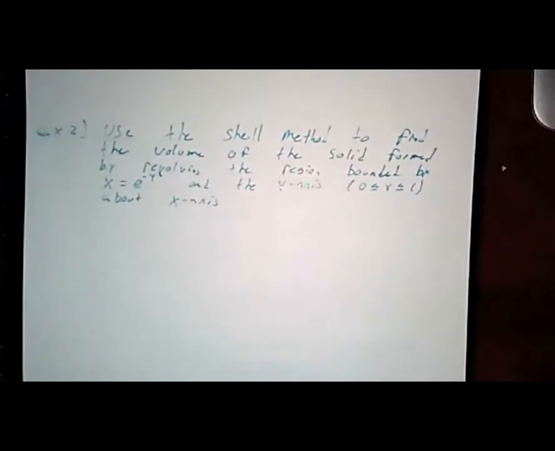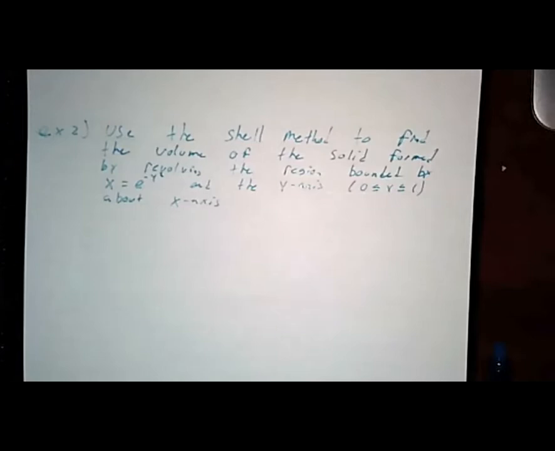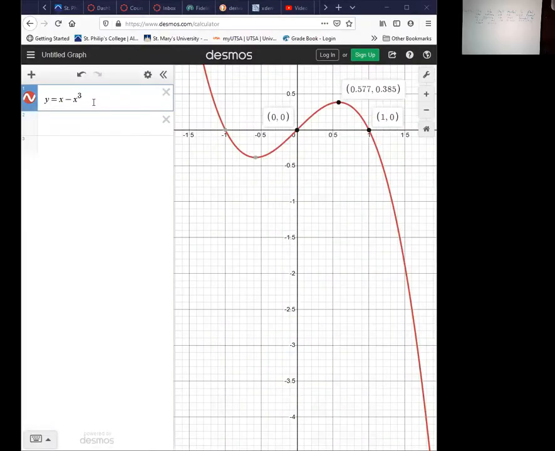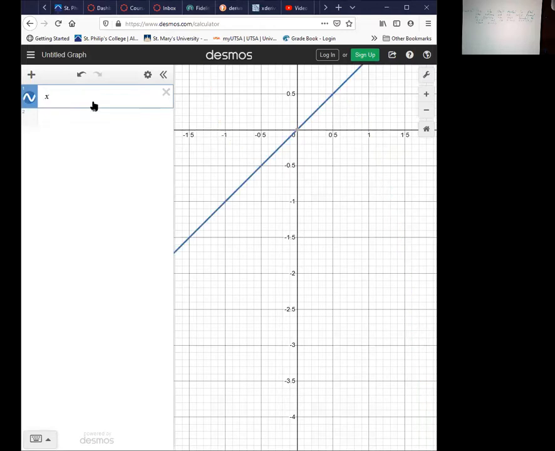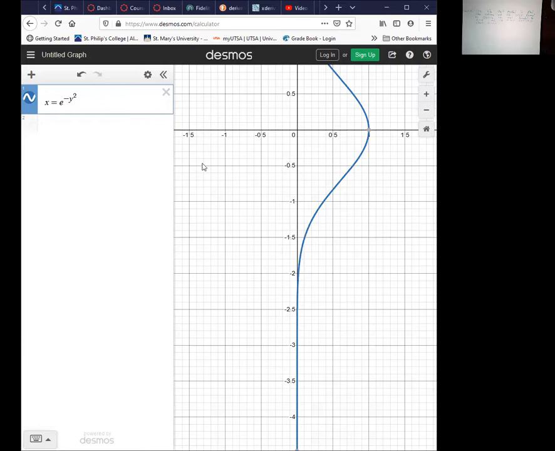Okay, all right. So I don't expect you to know what that graph looks like, so let's look at the graph here. They said x equals something, e to the negative y squared. Here it is.